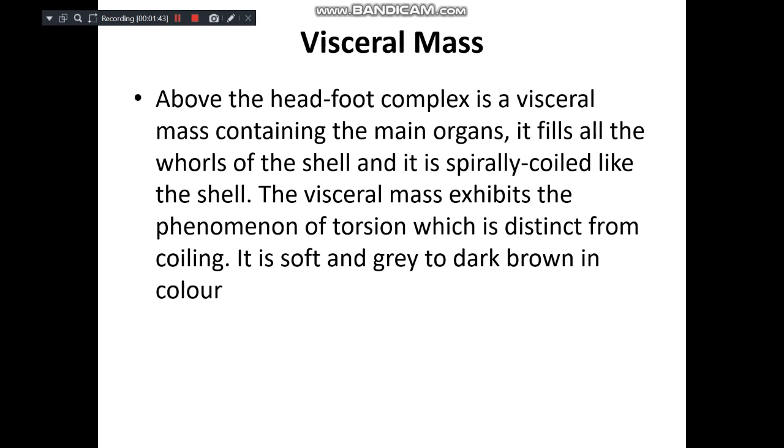Actually, it's a torsion. It rotates by 180 degrees, and as a result, even the entire animal is twisted, coiled. It is soft and gray, or sometimes it may be dark brown in color also.